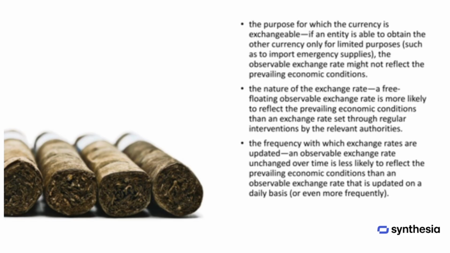A free-floating exchange rate, one that moves based on market supply and demand, is more likely to reflect the real economic environment. In contrast, an exchange rate set or heavily influenced by regular interventions from authorities might not show the true market value. Finally, the frequency of exchange rate updates should be considered. An observable exchange rate that remains unchanged over long periods is less likely to reflect current economic conditions. On the other hand, rates that update daily or even more frequently tend to provide a better reflection of the prevailing economic reality.